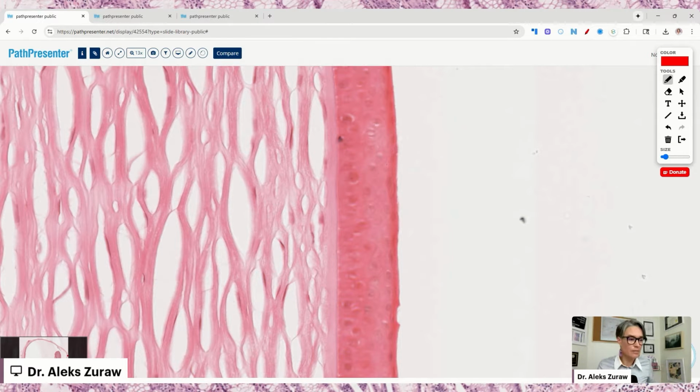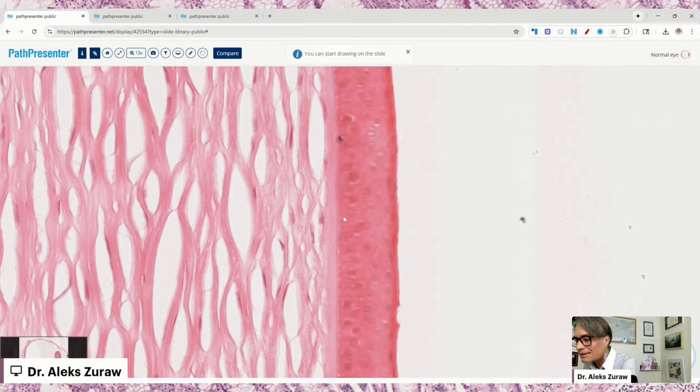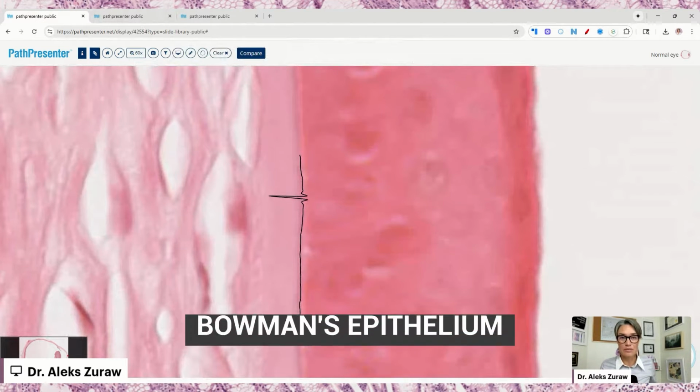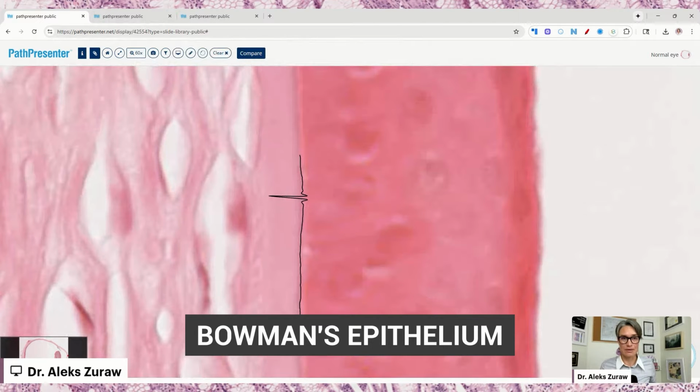And every epithelium is lying on a membrane. It's not that well visible, but the membrane would be here. Every epithelium sits on it, and this particular one is called Bowman's membrane.